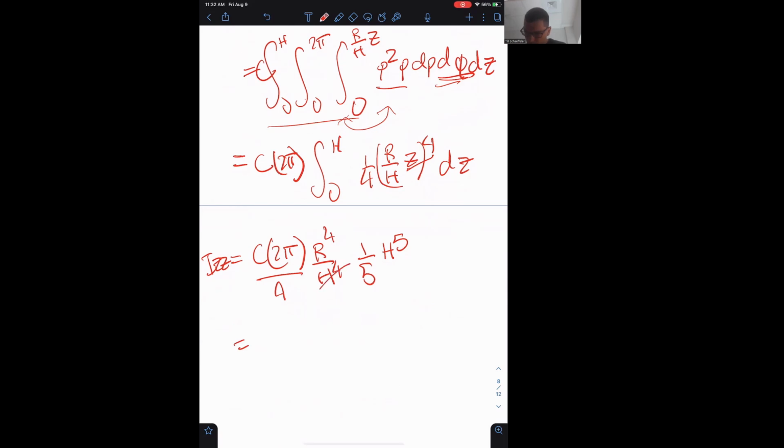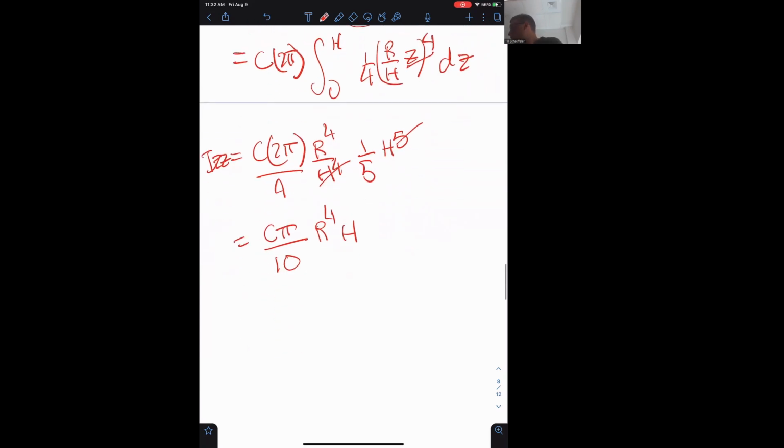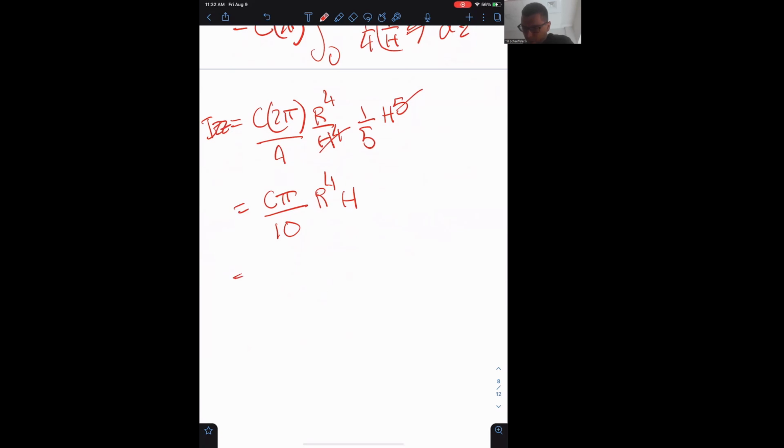We have h to the fourth, h to the fifth. 4 times 5 is 20, divided by 2 is 10, so we have c pi divided by 10 r to the fourth times h. And then we're going to plug in c again. Right, it's equal to 3m over pi r squared h.